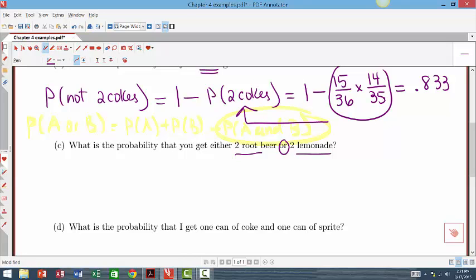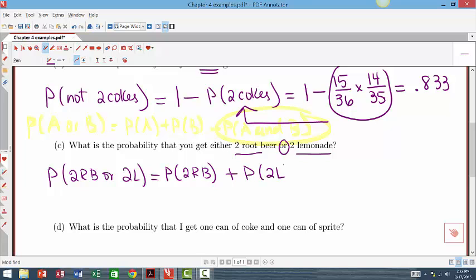Okay? So what is the probability that you get either 2 root beer or 2 lemonade? Then I just need to find the probability of getting 2 root beer and add it to the probability of getting 2 lemonades.